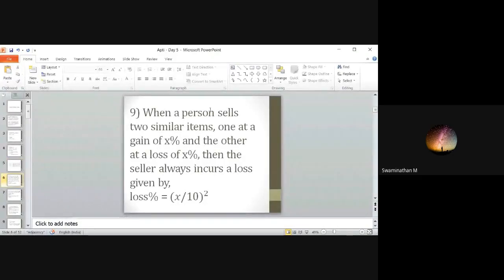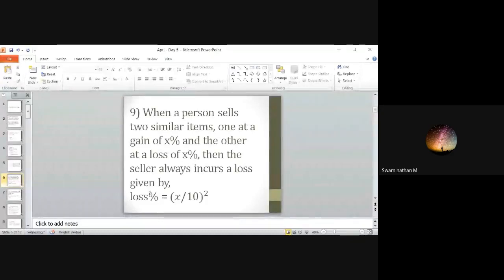Another important formula. When a person sells two similar items, one at a gain of X% and the other at a loss of X%, then the seller always incurs a loss, given by loss percent equal to (X by 10) the whole square. If you derive conventionally, it may take time.